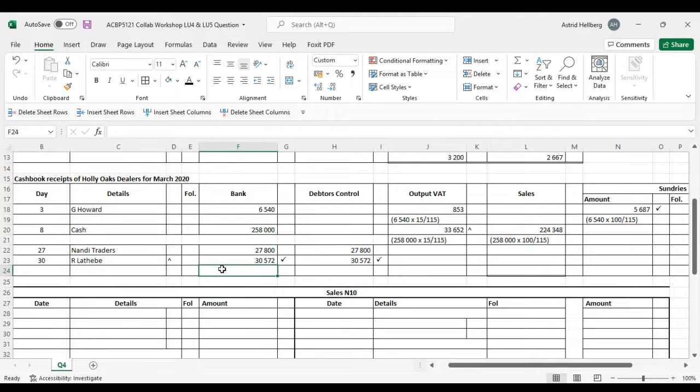Okay, and then on the 30th, we said Arlatebe paid 40% of their outstanding account. Okay, so what we'll have to work out is what is their outstanding account.